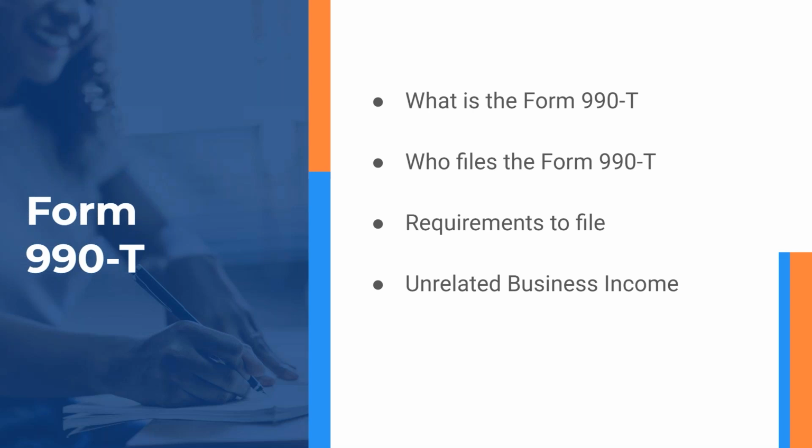An example of this is a charity that sells branded merchandise like t-shirts or mugs unrelated to its charitable activities. This may generate unrelated business income. Or if an organization rents out their parking lot for an event not related to the daily or common functions of the organization, this also could be unrelated business income and require you to file the 990-T.